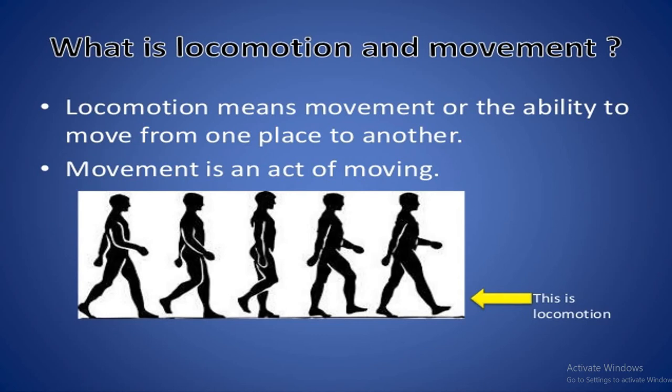Movement is an act of moving, only moving, not from one place to another. In locomotion, you are actually moving from one particular place and going to another place. Whereas in movement, you are just moving either your hand or your leg. All these are movements, but not locomotion. Okay?